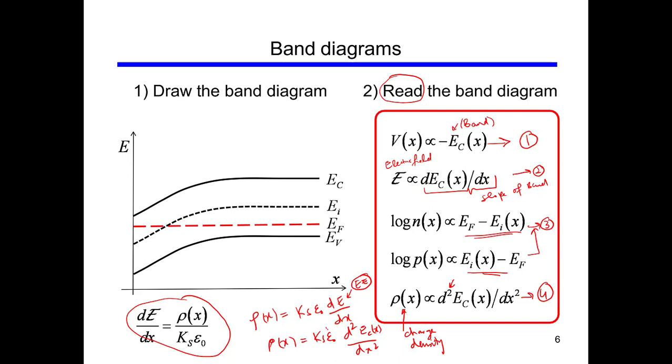So this is like a constant, and we have this proportionality.